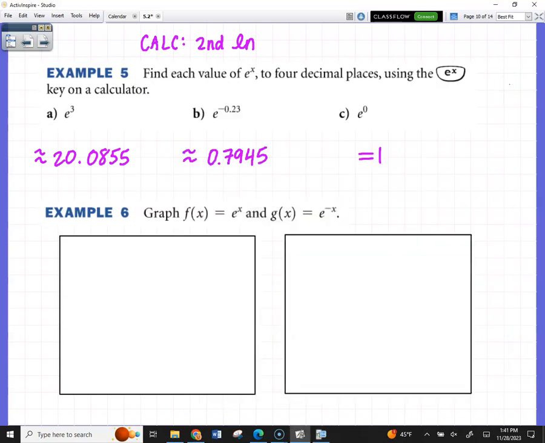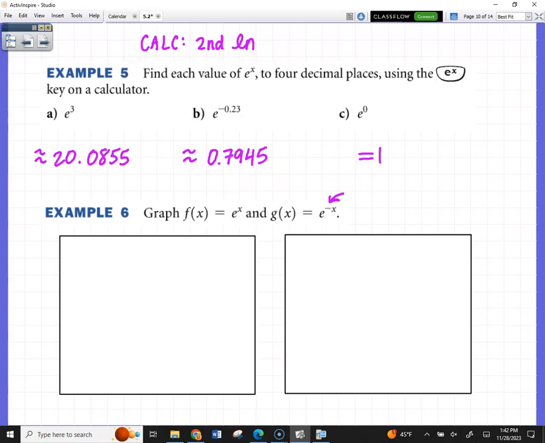Let's take what we've learned about transformations. Go back to transformations of quadratics and cubics and all that. When the negative is right here next to the x, remember we said anything with the x is counterintuitive.